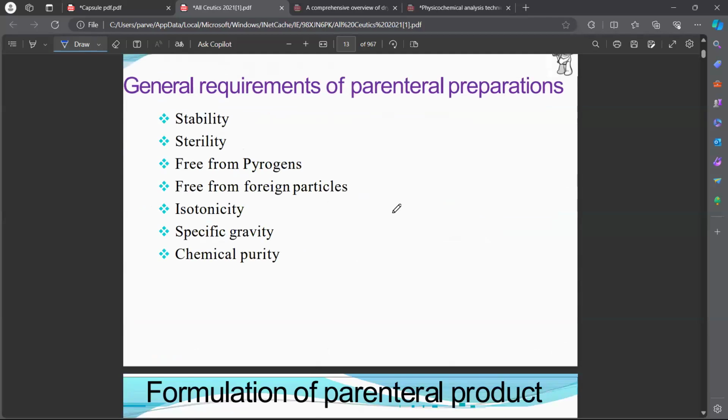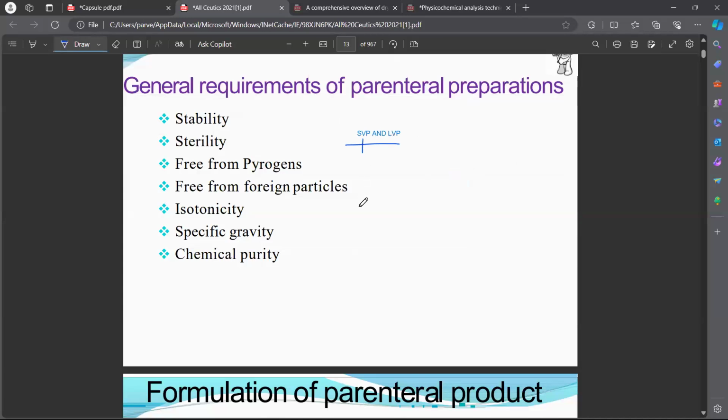Before going into the detail of the formulation, I would like to discuss small volume parenterals and large volume parenterals, LVP. Small volume parenterals are generally single dose or multi-dose preparations, guys.